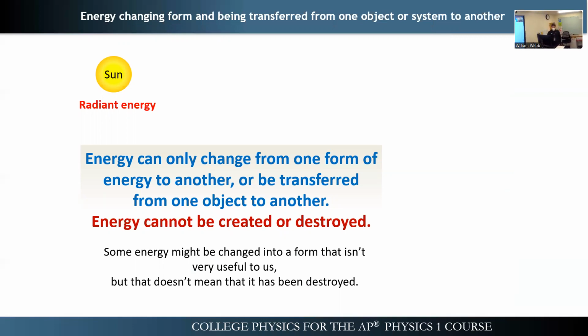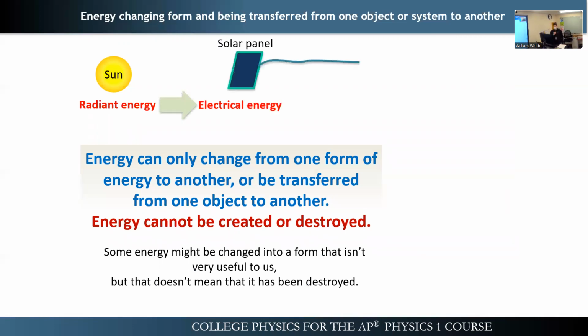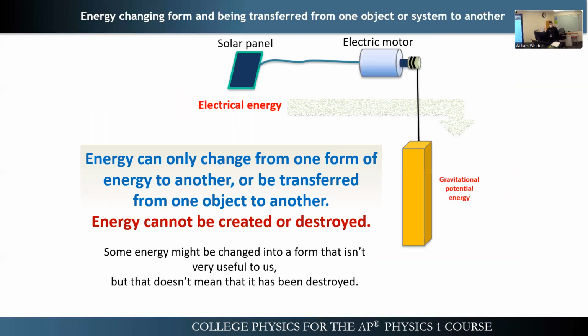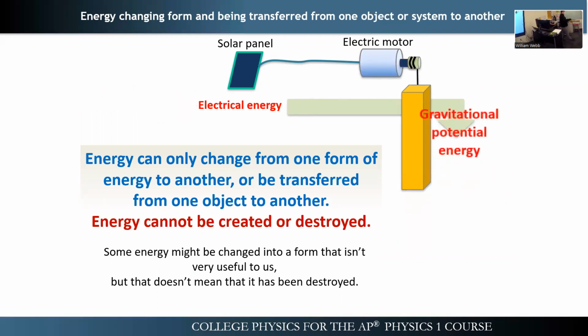And we know, remembering the law of conservation, that radiant energy, those electromagnetic waves, could be gathered by a solar panel and converted into electrical energy, transforming it from one type to another. Then that electrical energy could be used to operate a motor, which could be used to raise an object, giving it gravitational potential energy. And so the energy used to raise that object initially came from the sun.